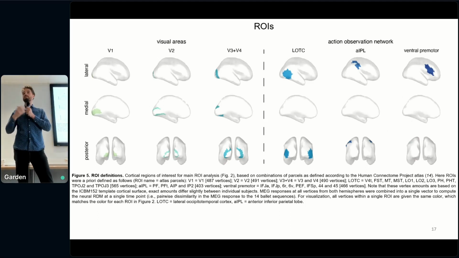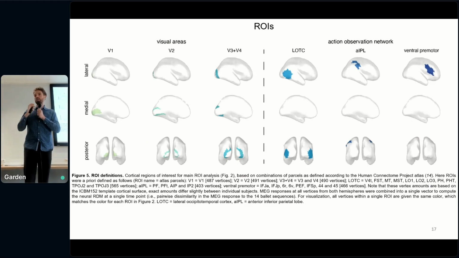You can do the same with EEG electrodes. But in this case, we went to source space, so we source reconstructed the MEG data with a distributed source model with minimum norm estimates. That gives you, in this case, 15,000 sources across the cortical surface.